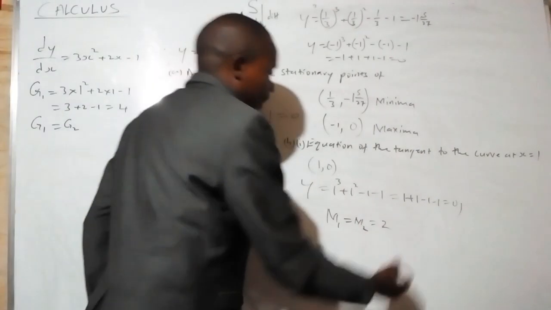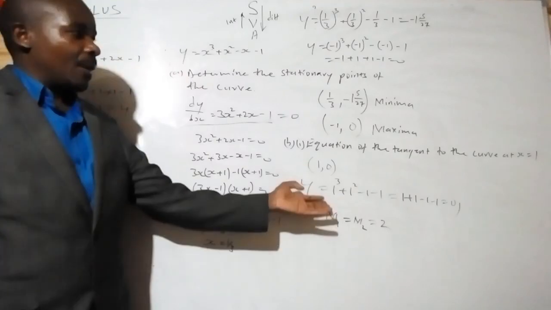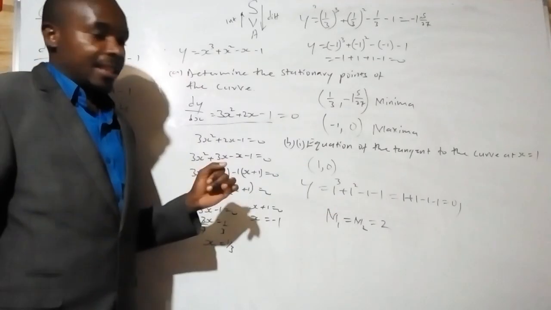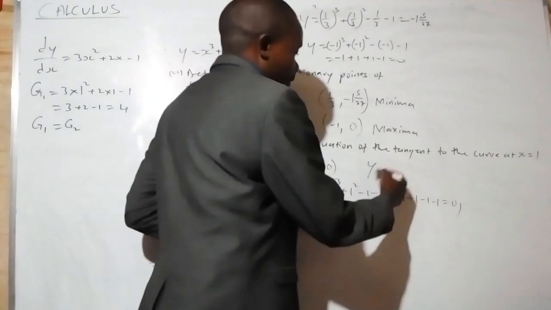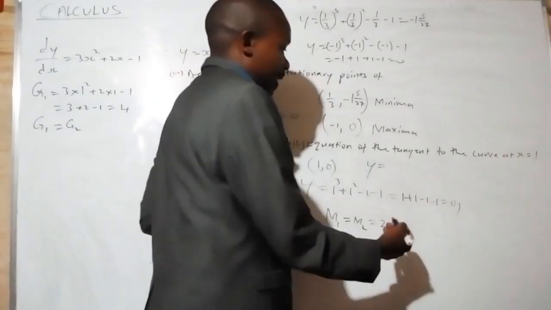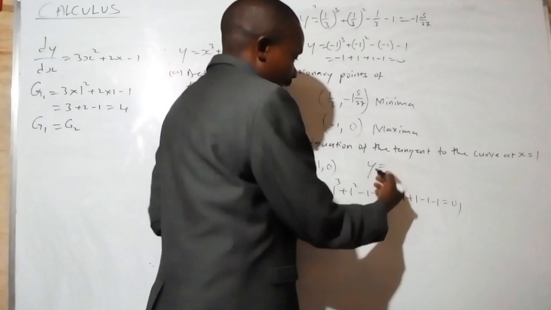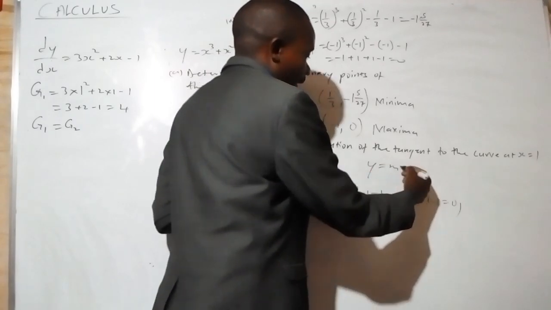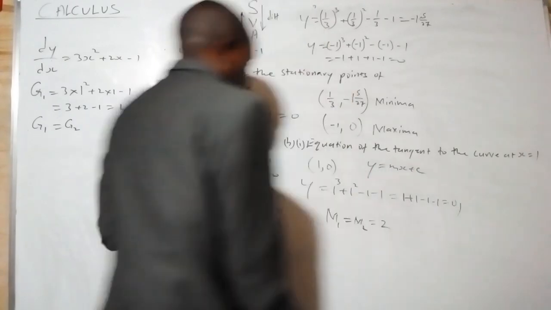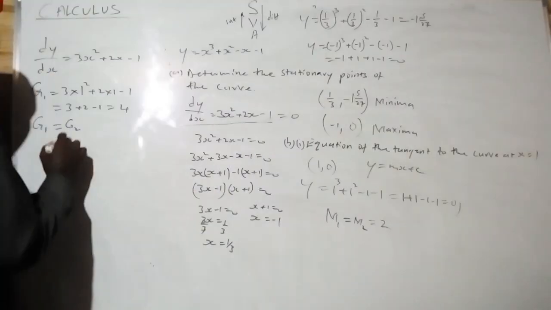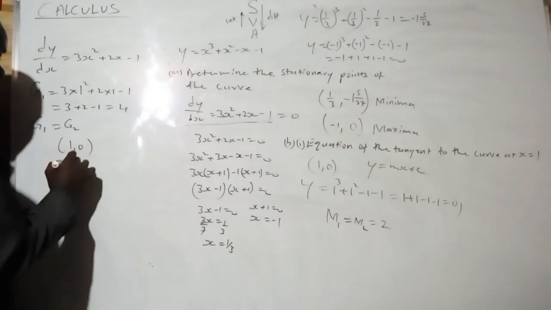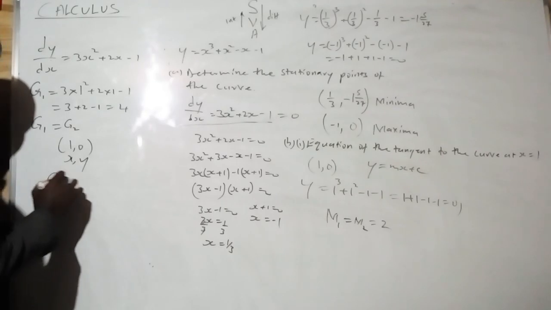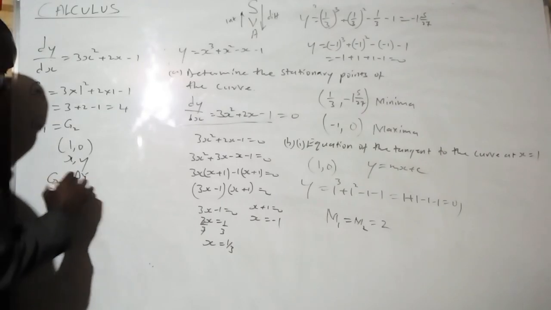Now the examiner wanted us to get the equation in the form of the equation of a straight line. And how do we get the equation of a straight line? The equation of a straight line is in this format: y is equal to mx plus c. We have the coordinate 1, 0, x, y, but gradient is equal to change in y over change in x.